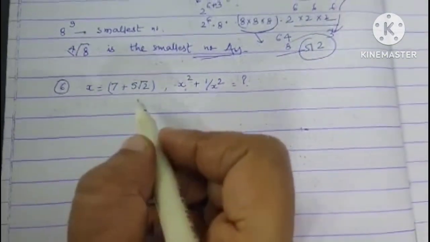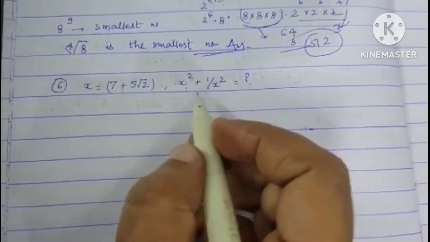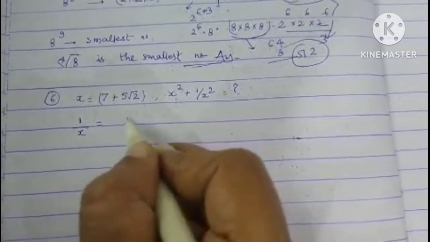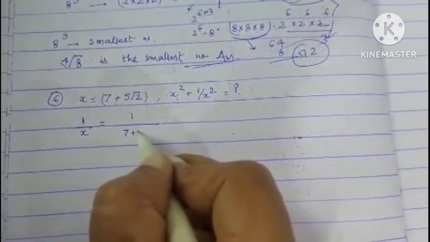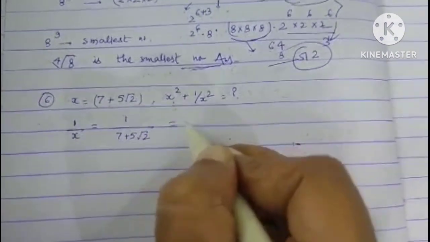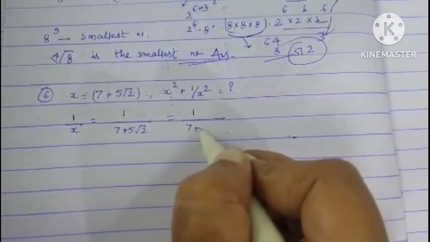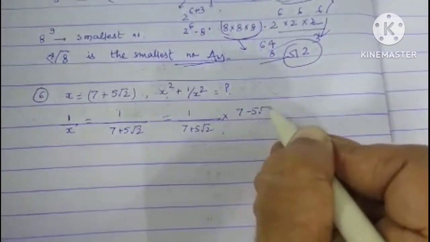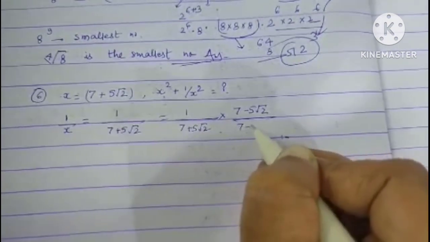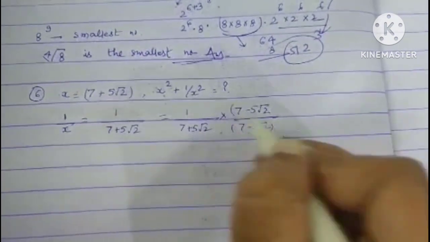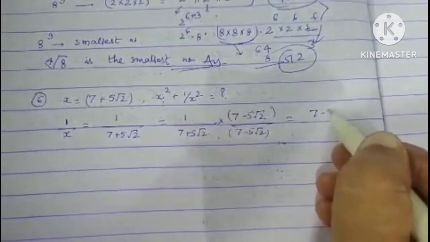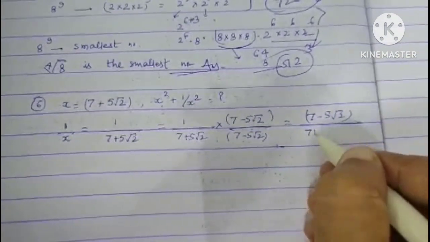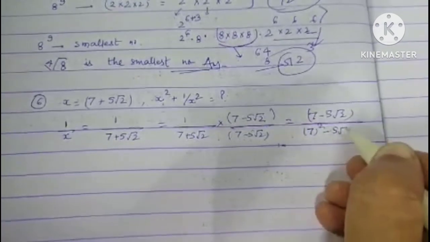We have been given x equal to this, and we have to find out x square plus 1 by x square. So let us first find out 1 by x. 1 by x equal to 1 by 7 plus 5 root 2. That will be equal to 1 by 7 plus 5 root 2, and we will rationalize it. 7 minus 5 root 2, and here also 7 minus 5 root 2. So this is 7 minus 5 root 2 and 7 square minus 5 root 2 square.